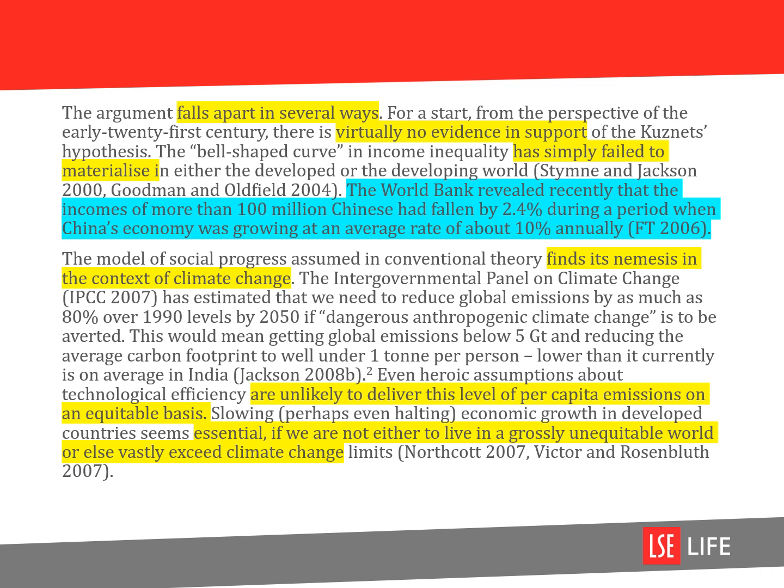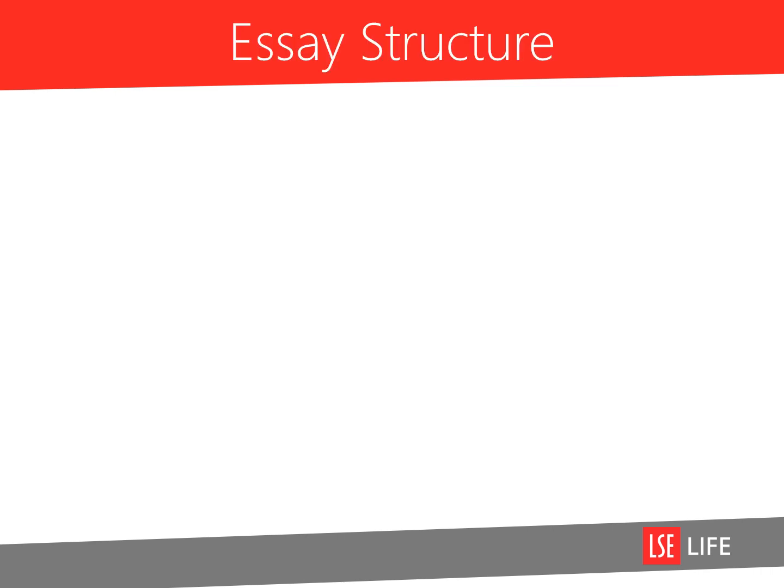So things like assumptions about technological efficiency are unlikely to deliver this level of per capita emissions slowing, if we're not either to live in a grossly unequitable world or else vastly exceed climate change limits. So the language that he's using clearly shows he is critically engaging with the ideas.